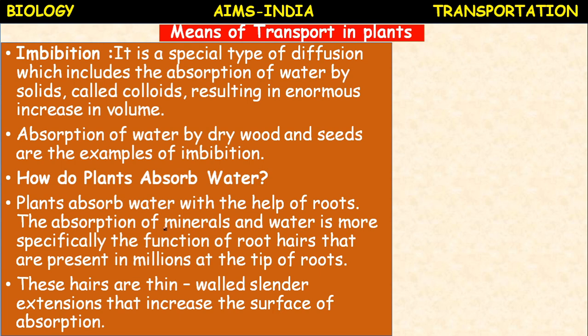For example, the breaking of the seed coat in germinating seeds is due to the greater imbibitional swelling of the seed kernel, starch and protein, as compared to seed coverings, cellulose. The seedling is able to come out of the soil due to the development of imbibition pressure.